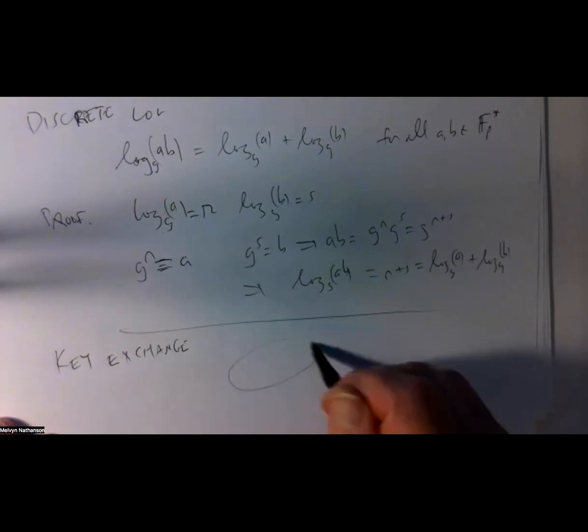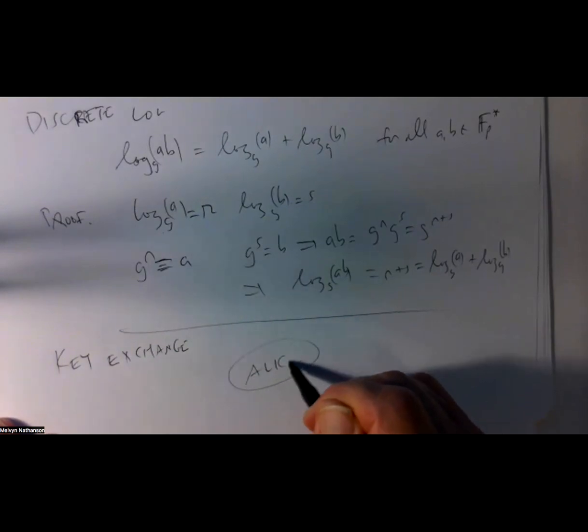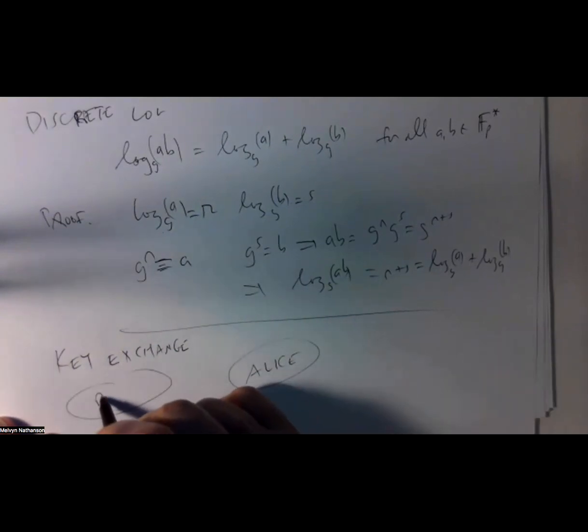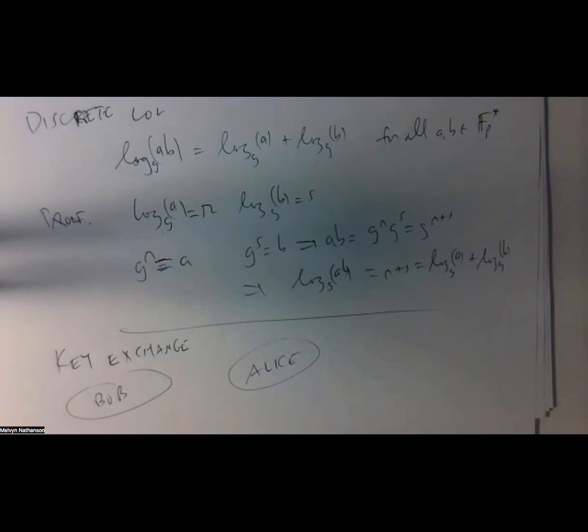So you have Alice and you have Bob, and they want to be able to send secret messages to each other.